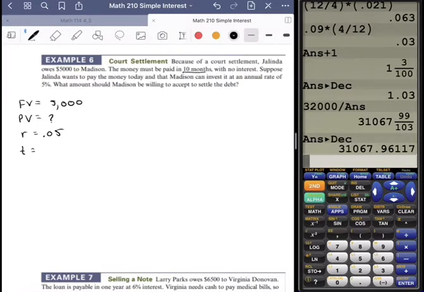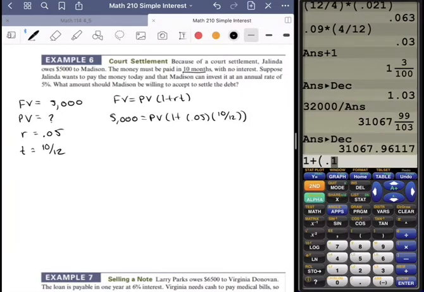So here we go. We have 10 months, so it's 10 out of 12. Again, the formula is future value equals present value times (1 plus rate times time). So I have 5,000 equals PV times (1 plus 0.05 times 10 out of 12).